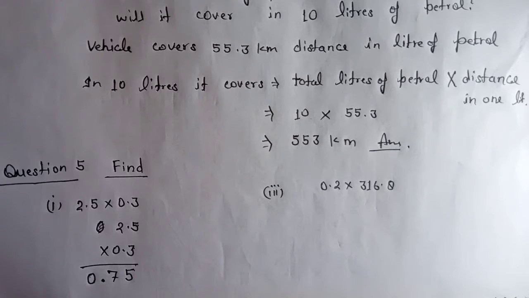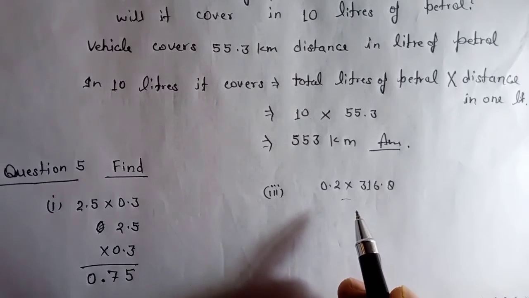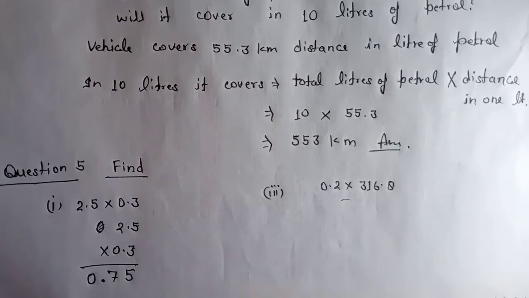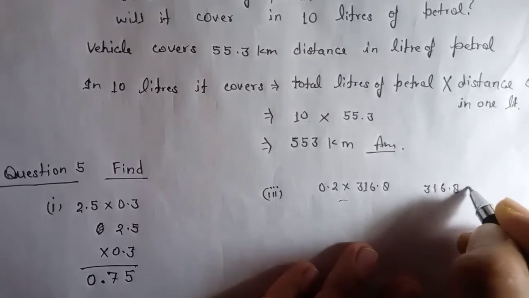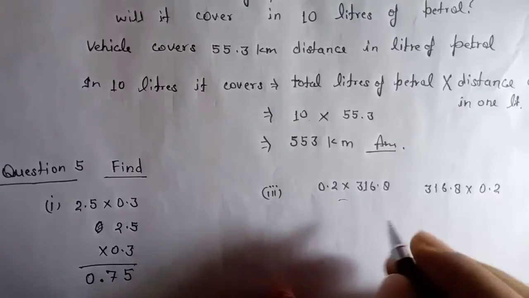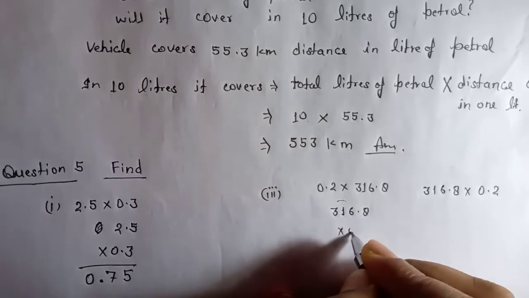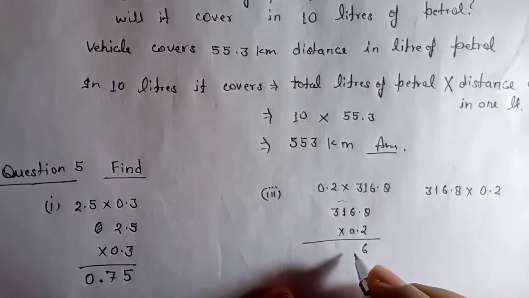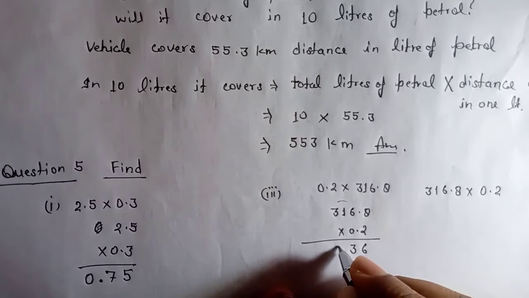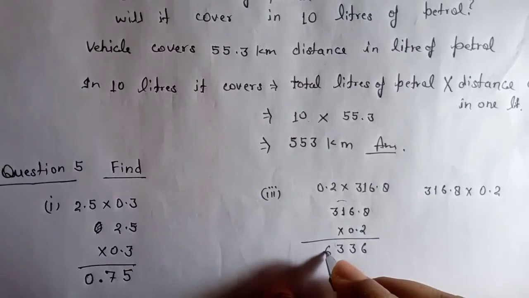When you multiply this by 0.2, you can exchange the order. You can write this 316.8 into 0.2. So when you multiply this by 0.2, it becomes 2 8s are 16 carry 1, 2 6s are 12 carry 1 is 13 carry 1, 2 1s are 2 plus 1 is 3, and 2 3s are 6.